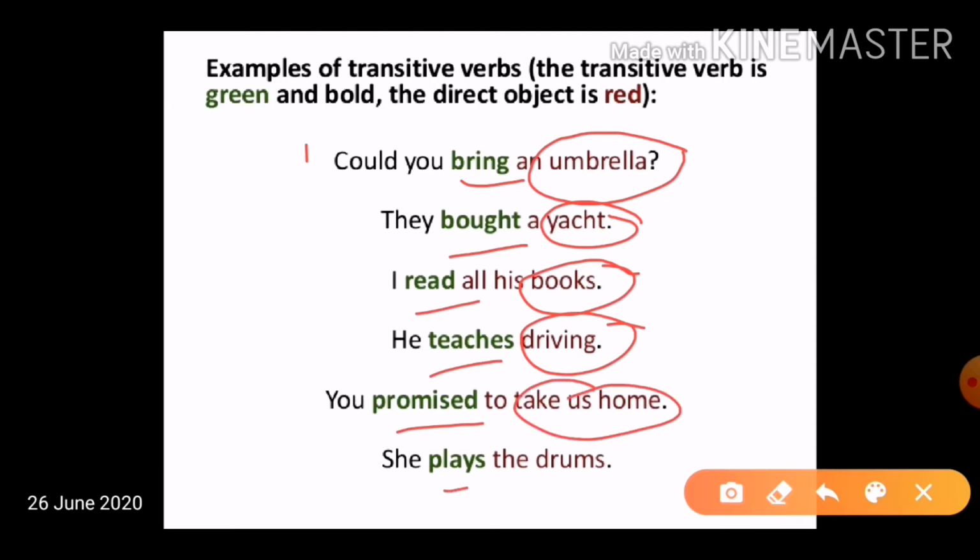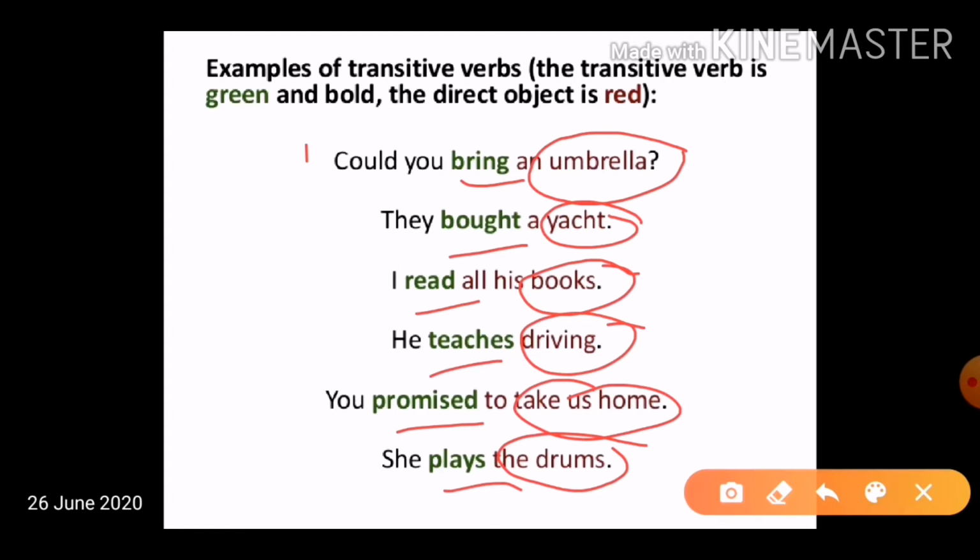She plays the drums. As you have seen, these can be incomplete if you mute the encircled words. Could you bring what? It seems incomplete. There has to be an object to complete the meaning of the sentence: could you bring an umbrella?